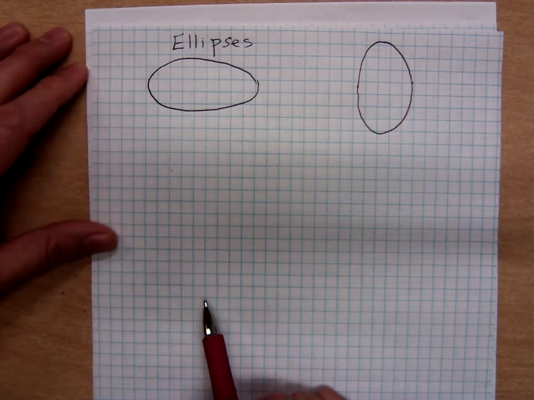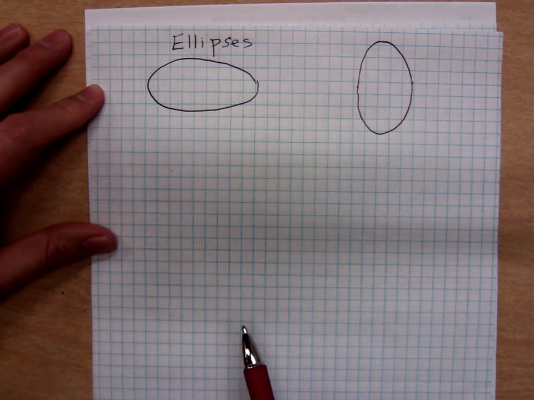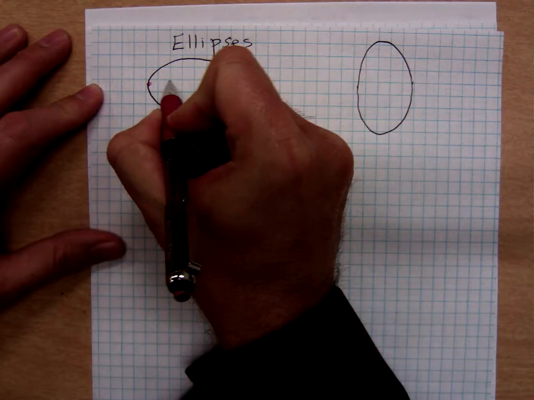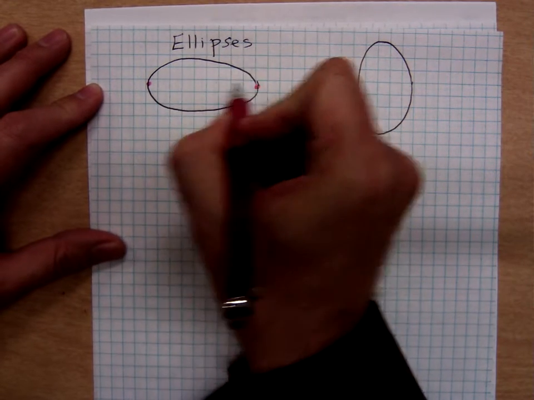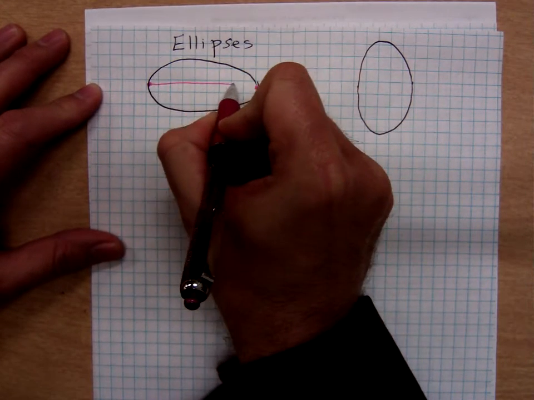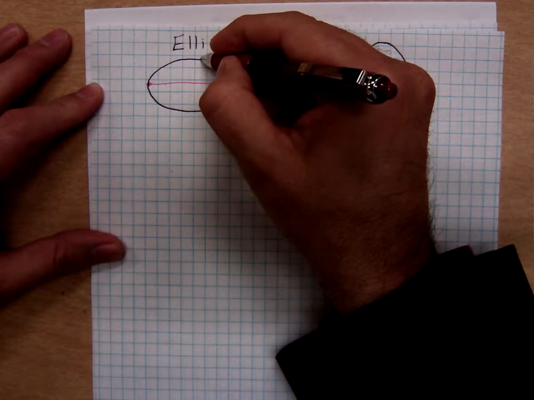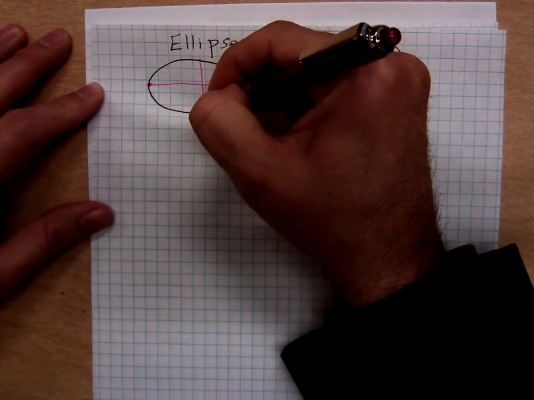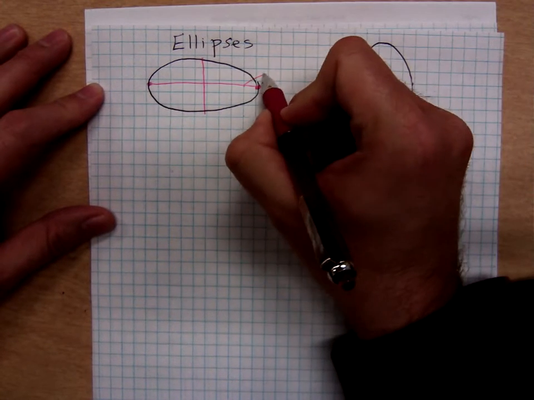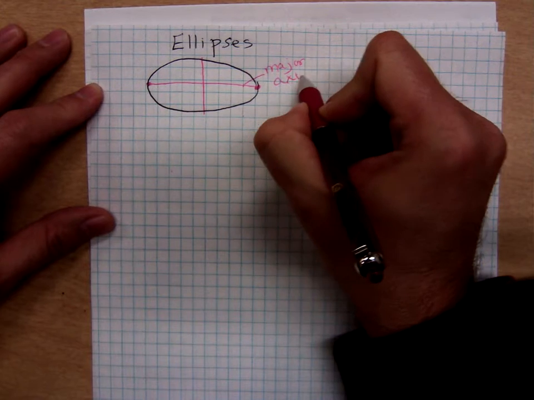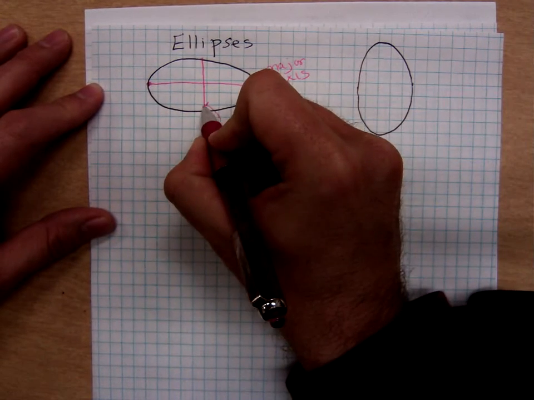Now, every ellipse has what's called a major axis and a minor axis. The major axis is the long line segment that runs straight through it, cutting it in half. The minor axis is the short line segment. So we have a major axis and a minor axis.